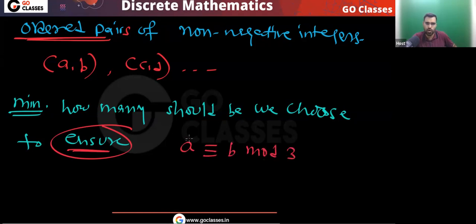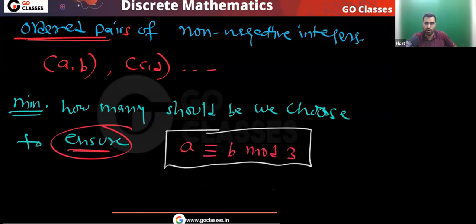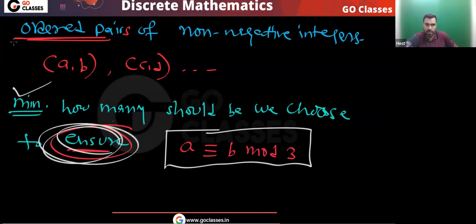We want to guarantee that this happens. So tell me, how many ordered pairs should I choose? Minimum to guarantee, how many should we choose such that we can get this type of situation. Now let's see the answer for this question.